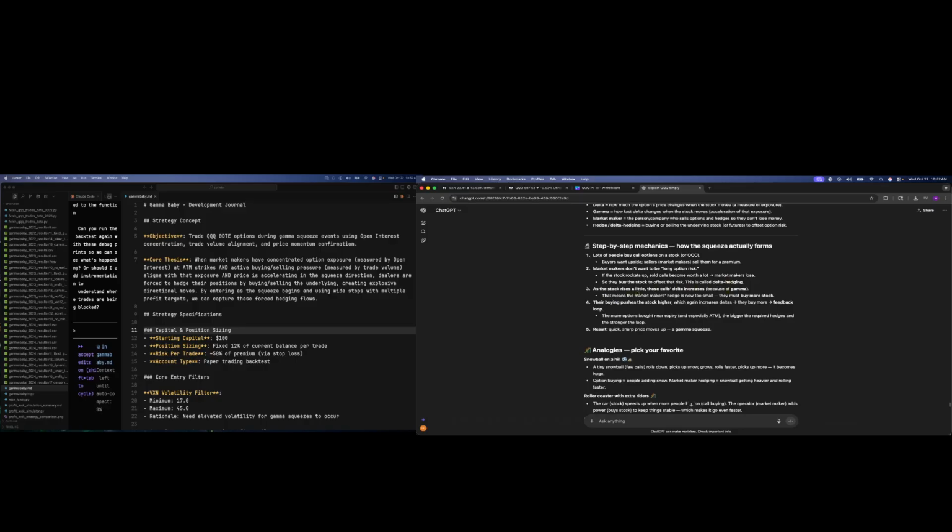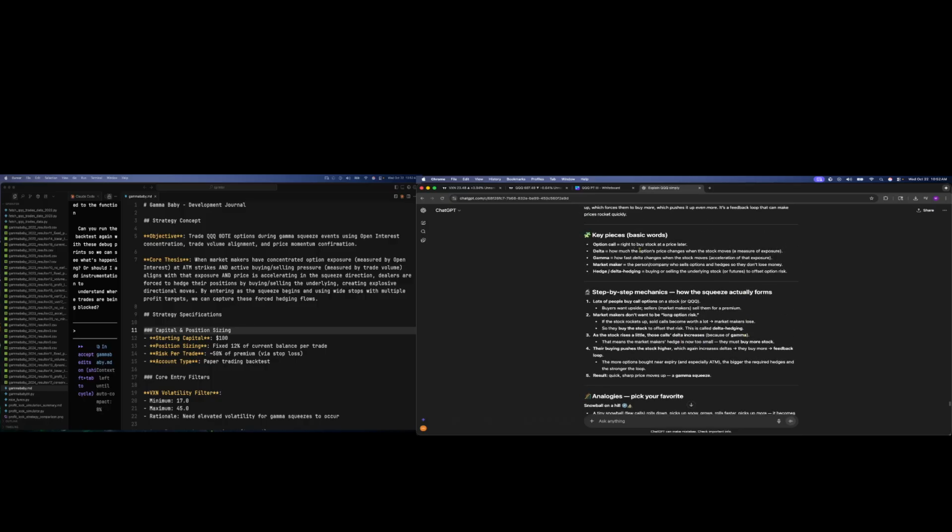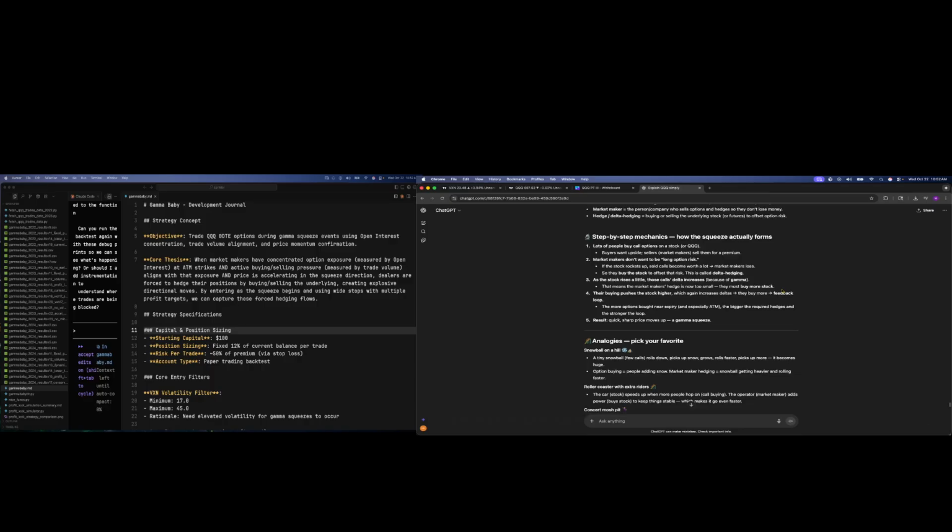As the stock rises a little, those call deltas increase because of gamma. Remember, gamma is the acceleration of exposure, whereas delta is the measure of exposure, right? That means the market maker's hedge is now too small, so they must buy more stock.